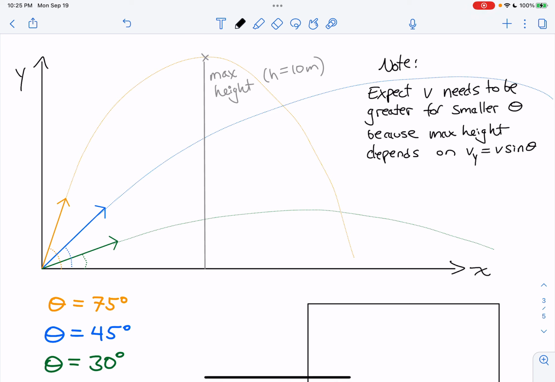And that sine theta, remember, is maximum at theta equal to 90 degrees. And so the larger that angle, the easier it will be to get to some height. Okay, so let's take a look.